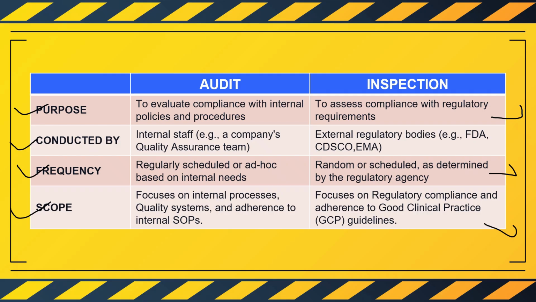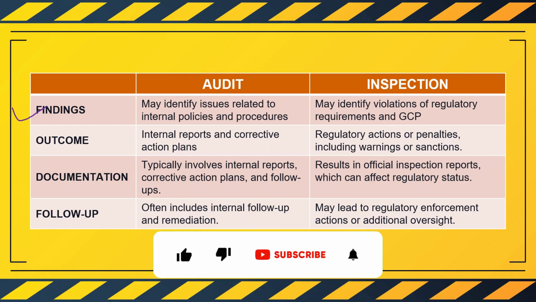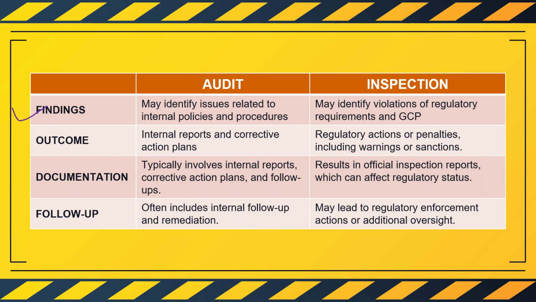Now let us see the rest of the four parameters. These are the last four parameters which define audit and inspection and separate them from each other. Let us first start by understanding the findings. Whenever it comes to audit, the findings may identify any issues related to internal policies and procedures. So if there are any lapses in the internal policies or internal procedures, then the auditor may highlight that.